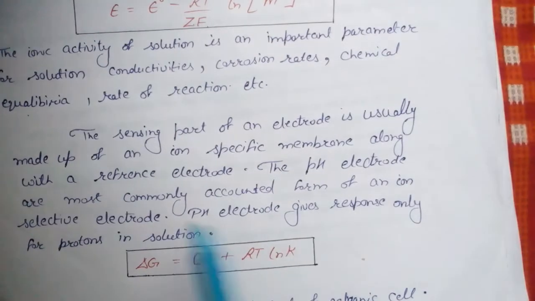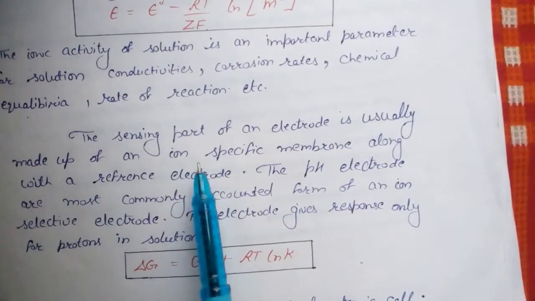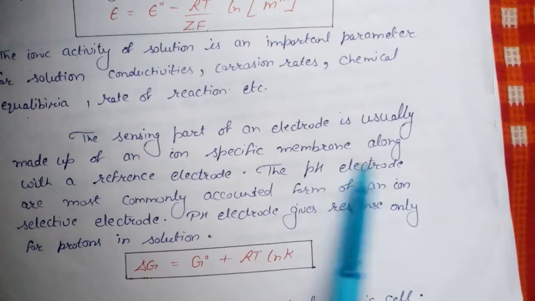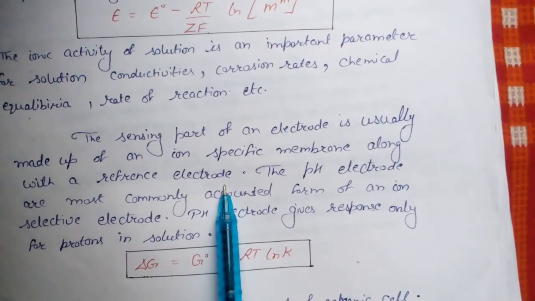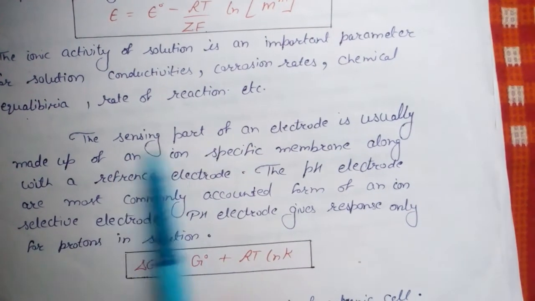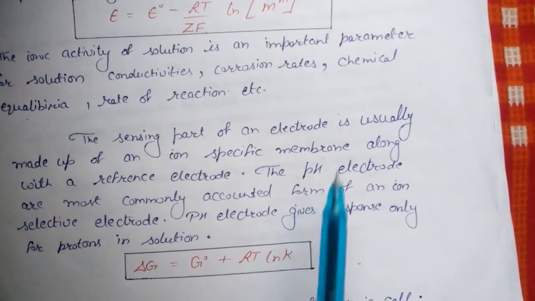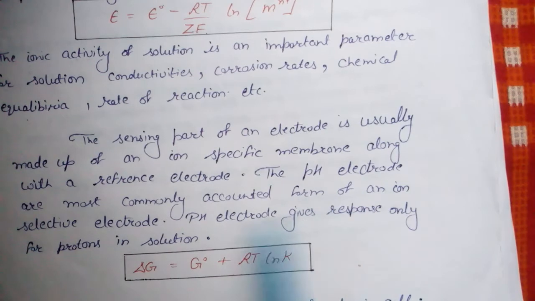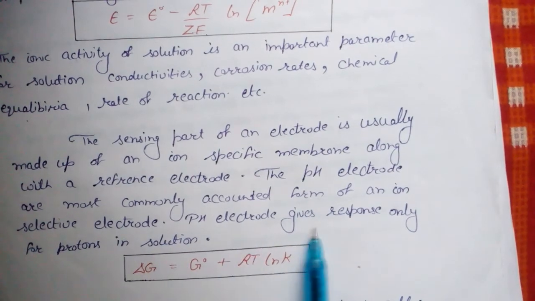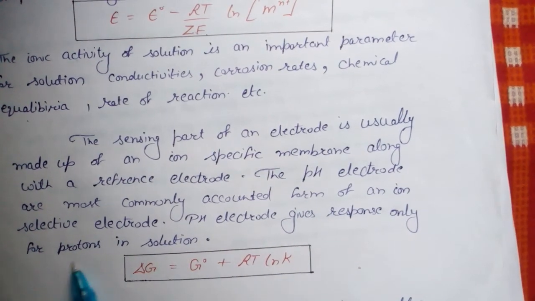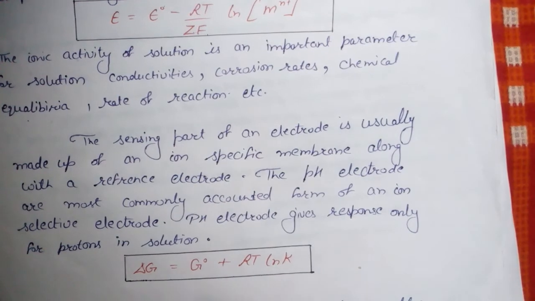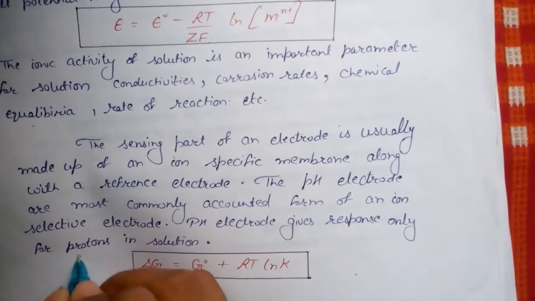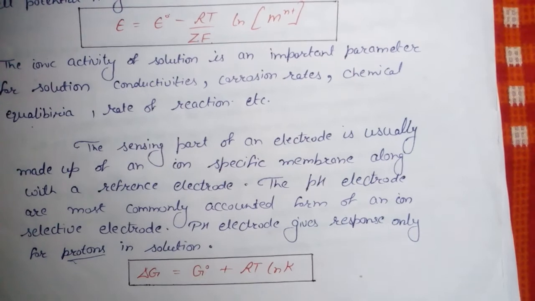The sensing part of an electrode is usually made up of an ion specific membrane along with a reference electrode. So the sensing part is made up of a membrane, right? The pH electrode is the most commonly encountered ion selective electrode, and the pH electrode gives response only for protons in the solution. So it's an important point that it only responds to protons in solution.